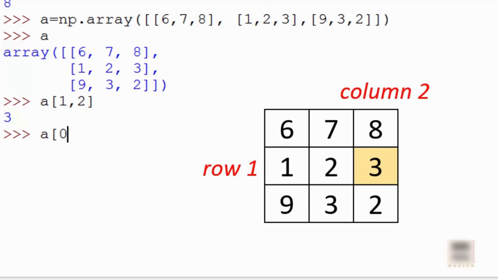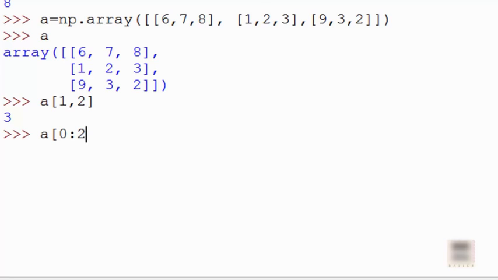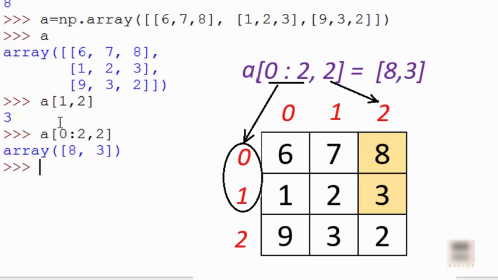When you do something like this, it will go through 0 to second row. Always when you are doing slicing, this particular index is not included, so it will actually go from 0 to 1. So 0th row, first row, and then it will print the second element.